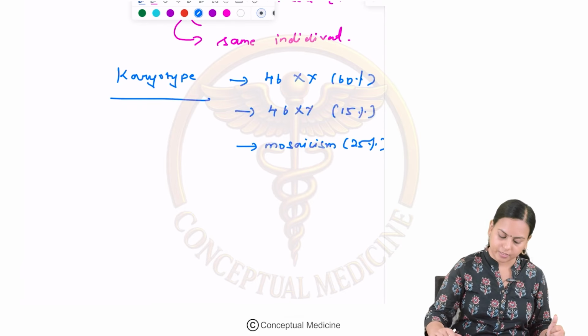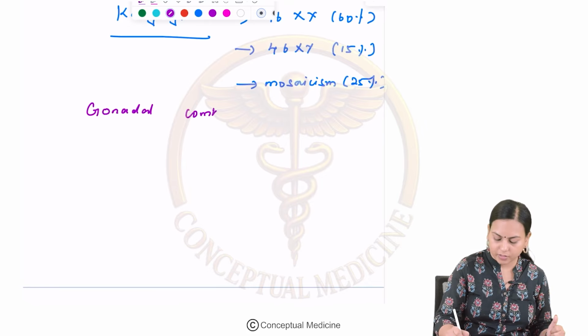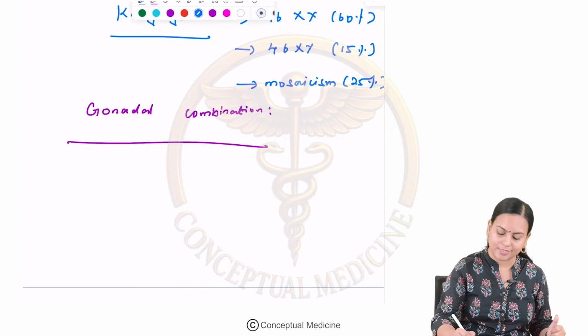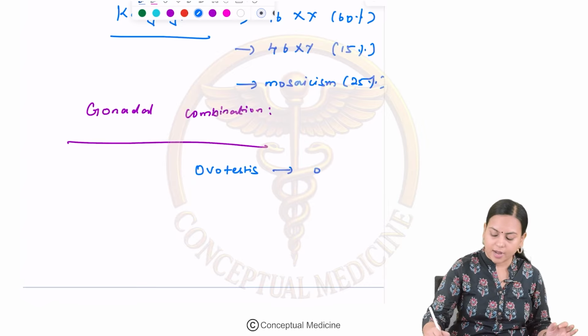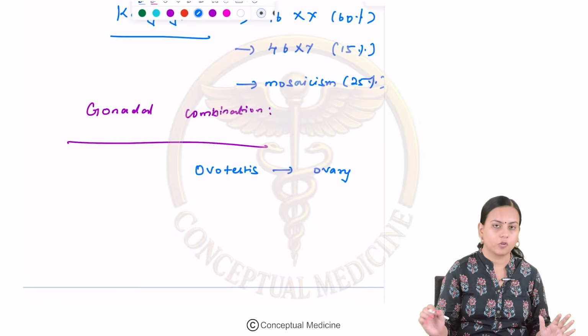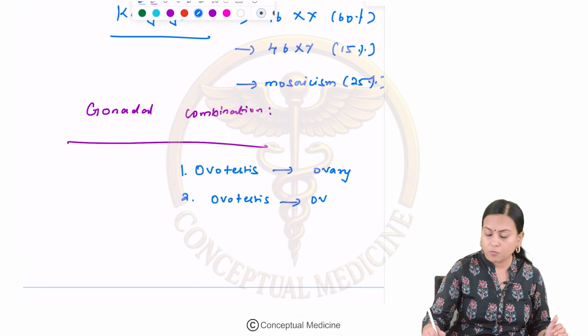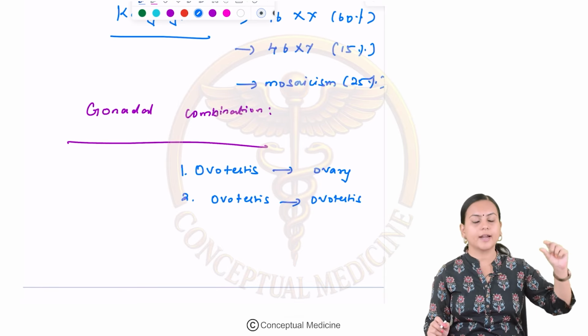Clear? Right. Now let us see how the gonadal combination can be. There can be different types of gonad combination that can exist in these people. One is an ovotestis on one side and a normal ovary on the other side. The second combination is an ovotestis on both sides, that is, in one gonad you have both ovarian and testicular tissue.